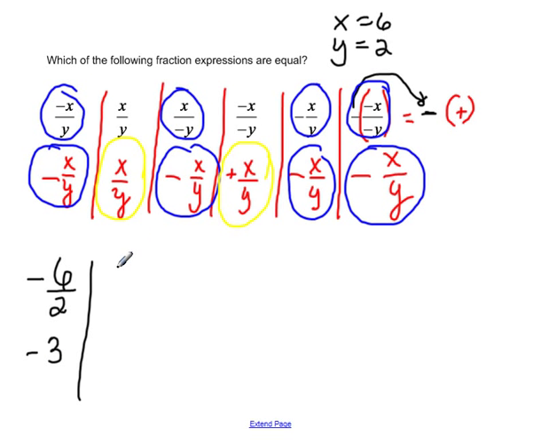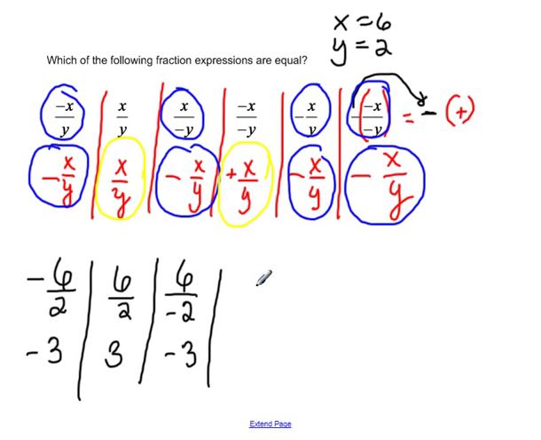For the next one, if I just put 6 over 2, that gives me positive 3. Next problem, if I put in 6 for x and 2 for y, that would give me 6 over negative 2. Again, that's negative 3.